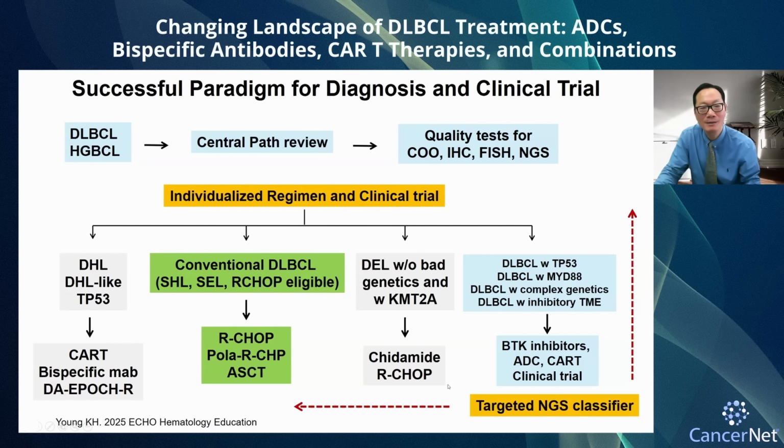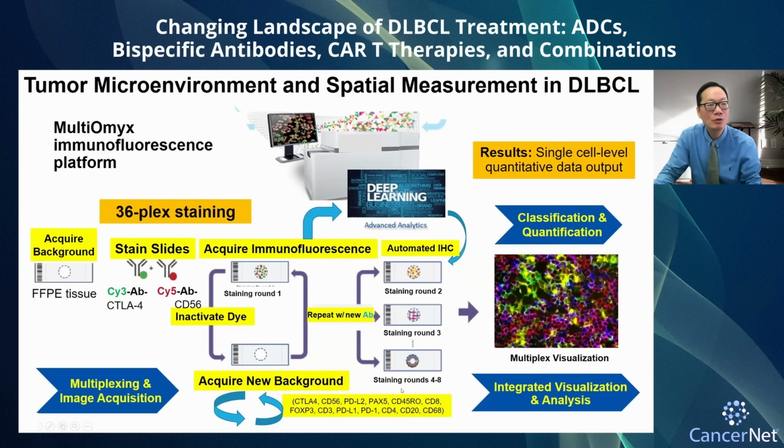Besides lymphoma cell genetic changes, we have also missed a major component, the microenvironment. So in the future, by using multiplex spatial panels, we're able to analyze many biomarkers on a single slide and, combined with genetic results, provide our hematology oncology colleagues with information to design a better treatment.